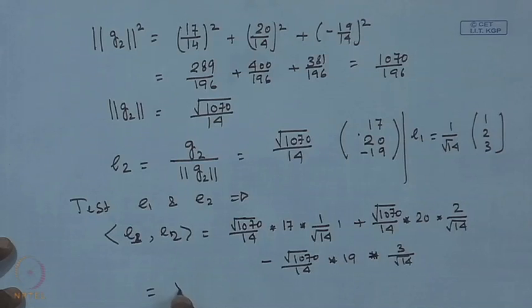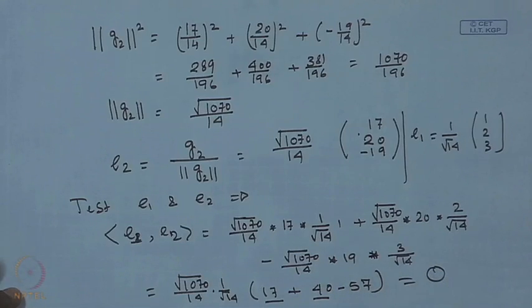If you take root over 1070 by 14 and 1 by root 14 common, you will be getting 17 plus 40 minus 57. So, 17 plus 40 is 57, 57 minus 57 is 0. So, this whole thing becomes 0. So, the inner product between E1 and E2 becomes 0.